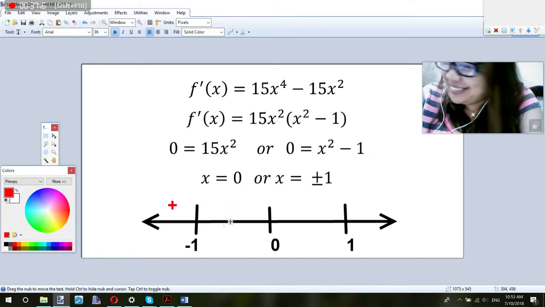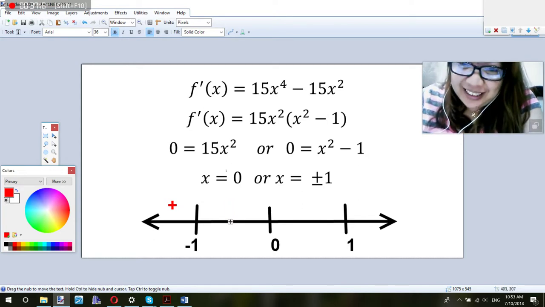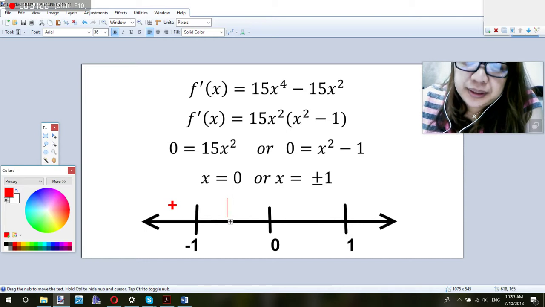Okay, let's try that again. So if I plug in negative 1/2, negative 1/2 times negative 1/2 is 1/4, minus 1 is negative. So I've got a negative times a positive, gives me negative. Okay, what about positive 1/2?